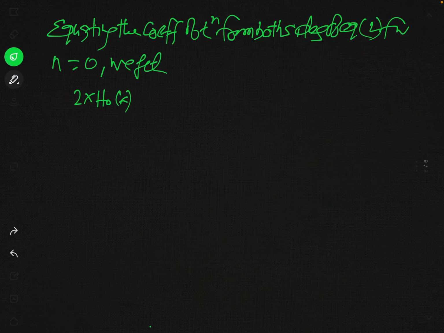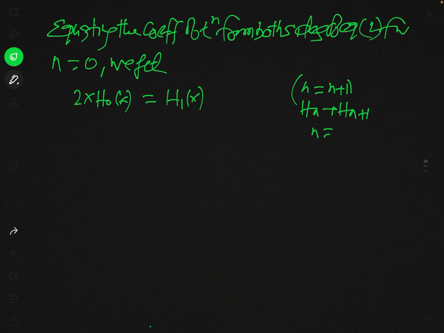So in RHS there will be simply h1 of x, because when we take n equal to n plus 1, then hn will become hn plus 1, and when we take n equal to 0, then hn plus 1 will become h1. So this is the result which we have obtained by taking the coefficient of t raised to the power n from both sides of equation 2 when n equal to 0.